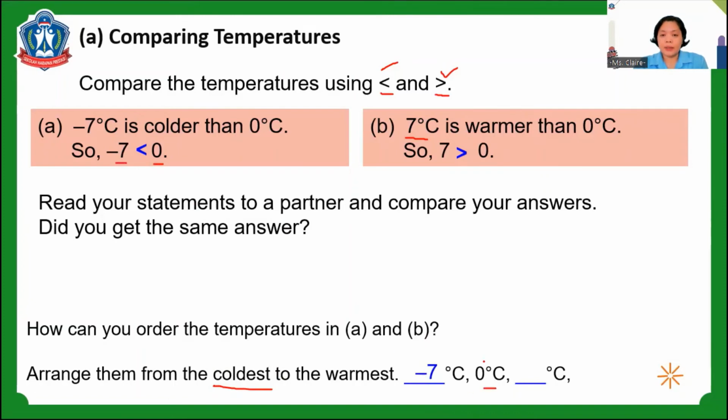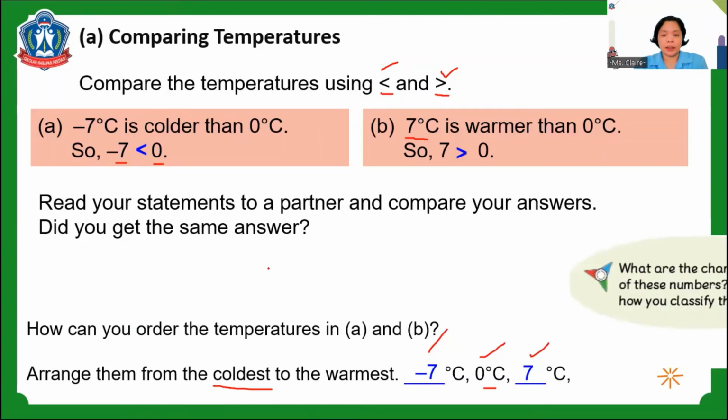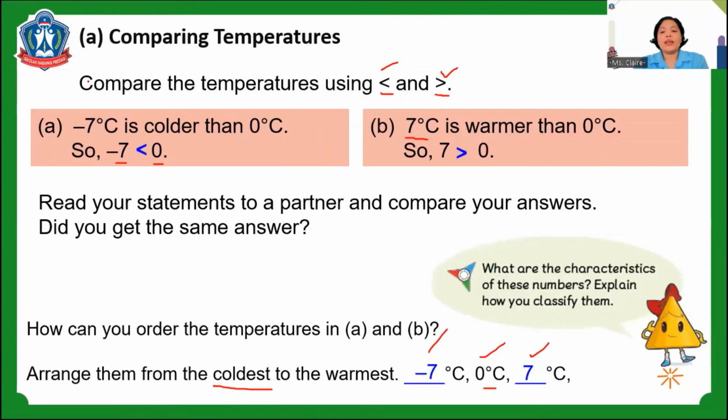Then followed by 0, and the warmest or the greatest number is 7. So arranging them from the coldest to warmest, we have -7, 0, and 7 degrees Celsius. What can you say about these numbers, -7, 0, and 7? How will you classify them?